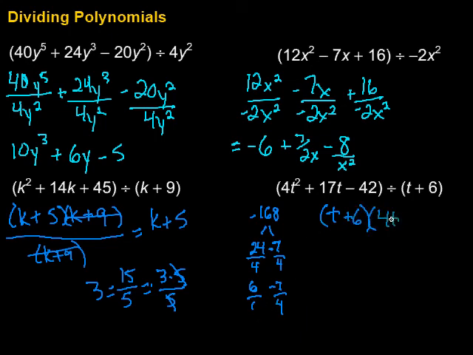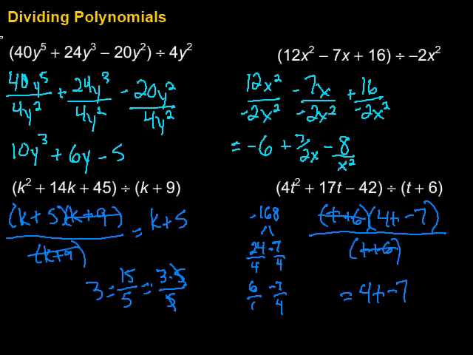Second one is going to be 4t, and then minus 7. Okay, remember, you can always FOIL that back if you don't believe my factoring. I think you'll get there. Then we put that all over the t plus 6 that we're dividing by, and notice what we've got. We've got a t plus 6 there, t plus 6 there, so that means our answer, our quotient, is 4t minus 7.